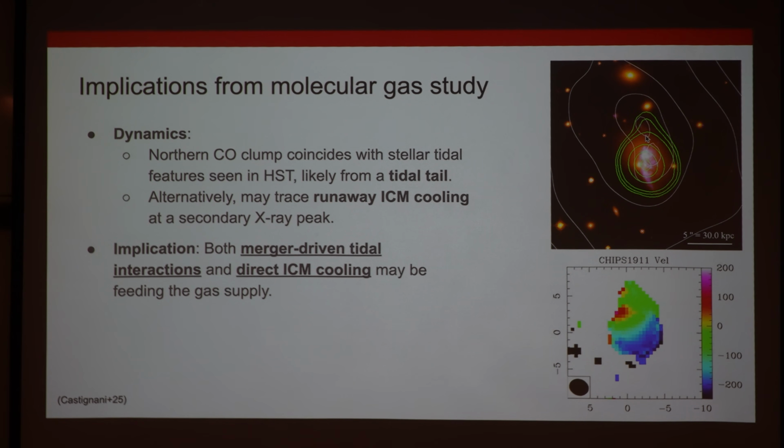The cooling of the ICM creates all this filamentary structure in the north, and also the green northern clump in the molecular gas. Either one of these could be a potential answer, but in this paper they have not concluded which one it is.